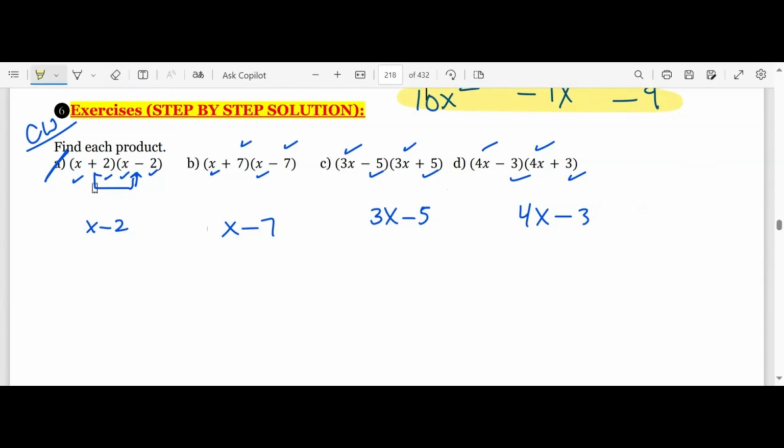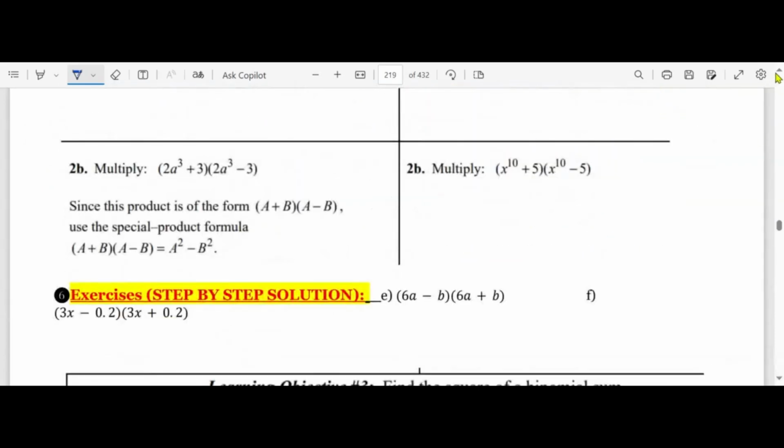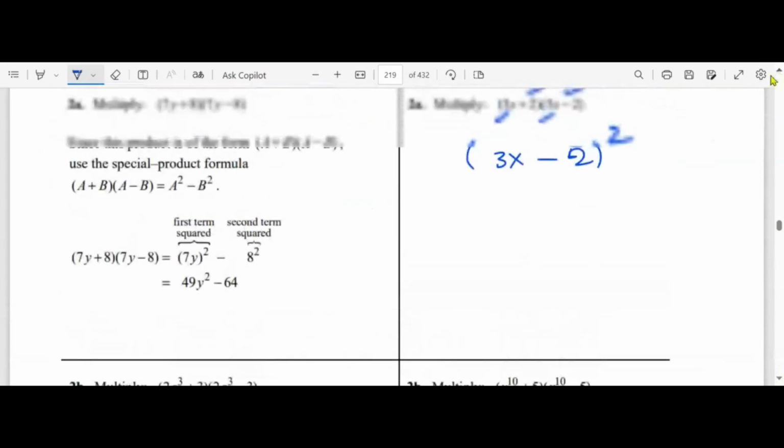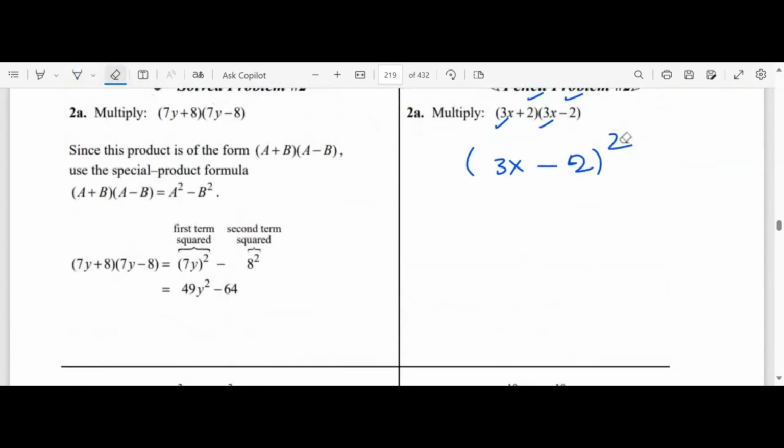You're going to put the square on the top, inside, not outside. Is this clear? So the same thing for the next problem. The square is going to be on top of the number and the variable.